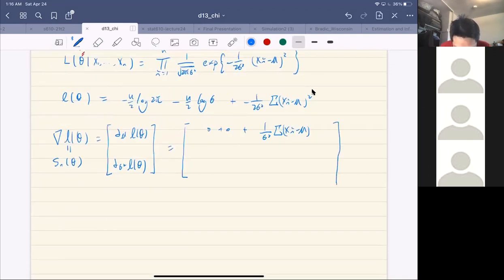And for sigma squared, the first term is 0, the second term is this, and the last term is plus summation of x_i minus mu squared divided by sigma squared to the power 2. So this is Sn.